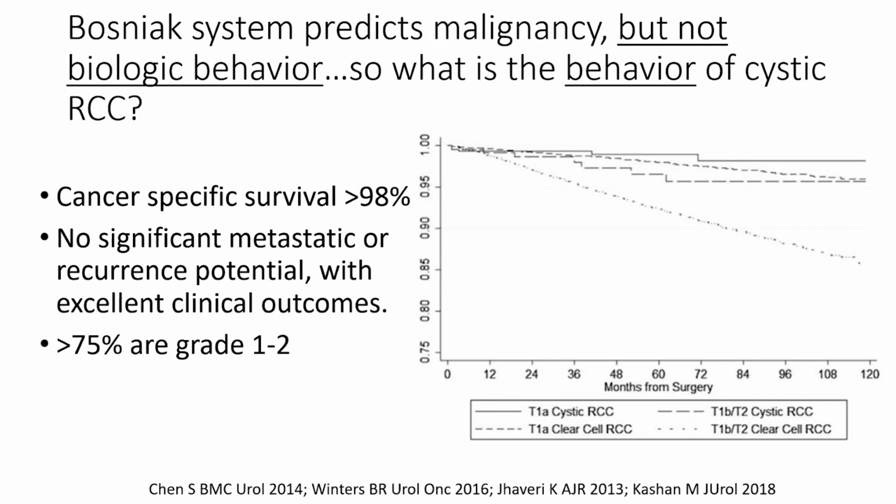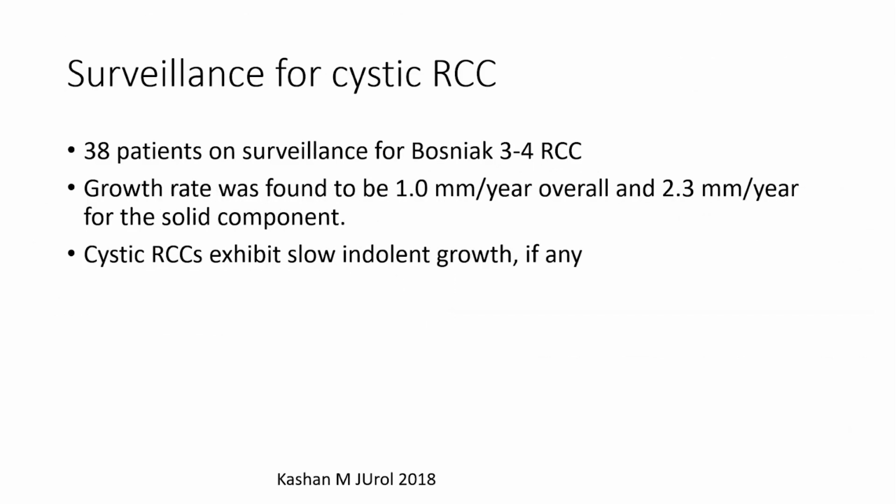So there's not as much data for surveillance of these, but there's a lot that we do. It's just not much published. But basically, most of these grow very slowly. We don't see them spread. And so it's very reasonable to take one's time, take a deep breath, and weigh the options carefully. Sometimes treatment is reasonable to do, and I'll show you that in a second.